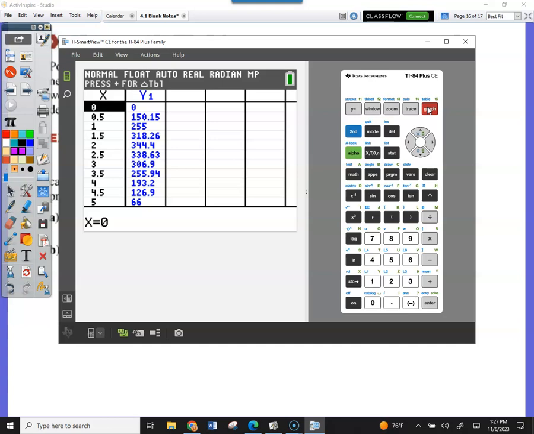Well, when you first take the medicine, it's not in your bloodstream just yet. So yes, you did just consume 400 milligrams of medicine, but it's got to absorb into your system. So you'll notice that it starts out at 0, then it goes up 150, 255, 318, 344. It's somewhere in between here. It's capping off, right?